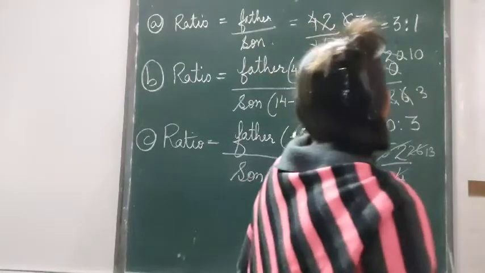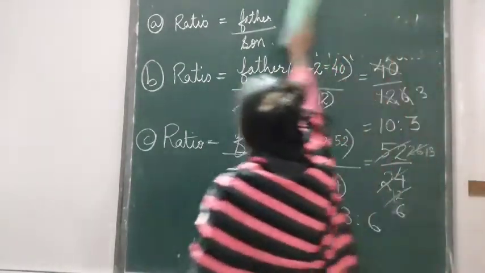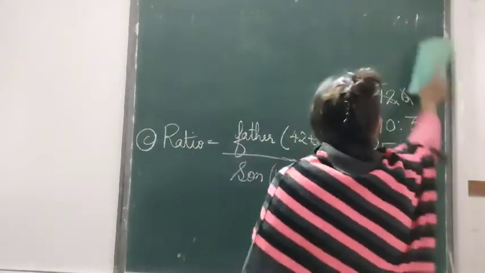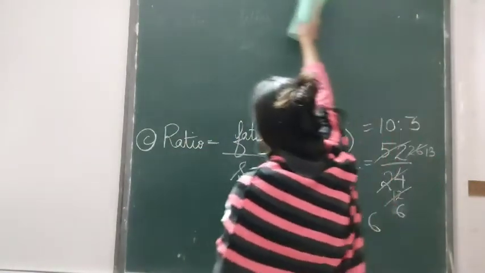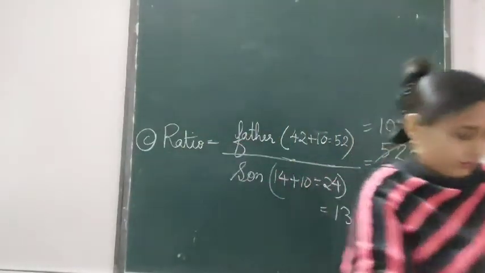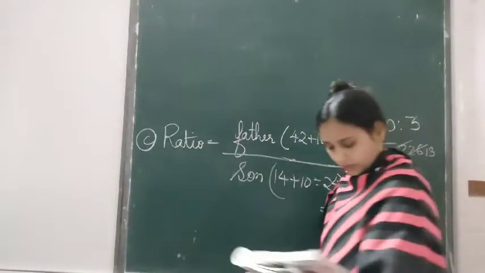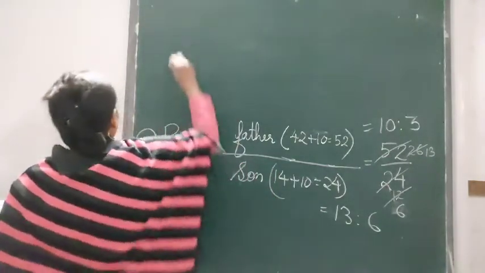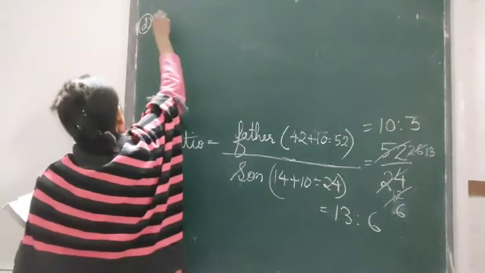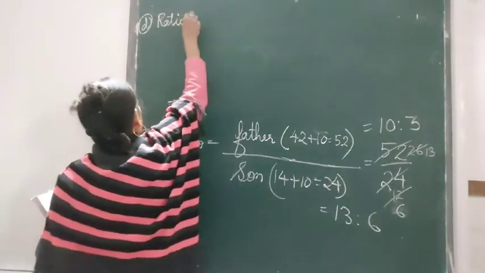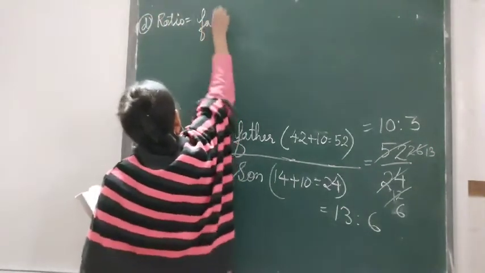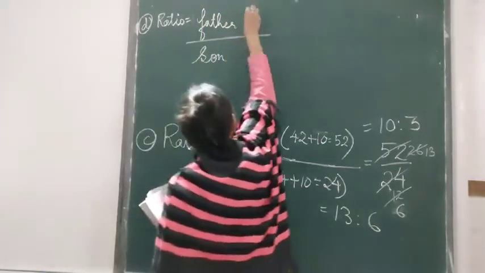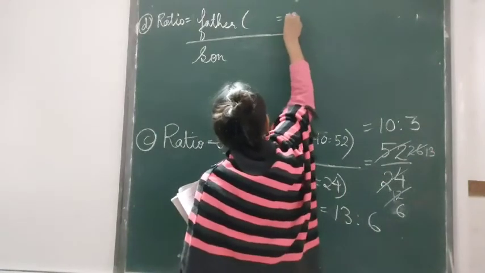Then we go to the D part. The ratio of age of father to that of son when father was 30 years.